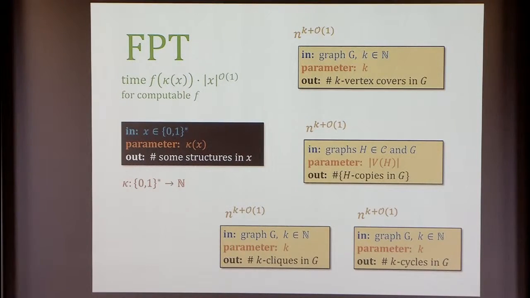So a problem is fixed parameter tractable, or FPT, if you can solve it in time f of the parameter of x times some polynomial in the size of x, where f is any computable function, and in particular a function that may be super polynomial. So, well, one classical example would be, for instance, that this first problem of counting k-vertex covers is actually FPT. So you can solve it in time 2 to the k times n, meaning you get a linear time algorithm for each fixed k, which is, of course, better than getting just some polynomial time algorithm for each fixed k.